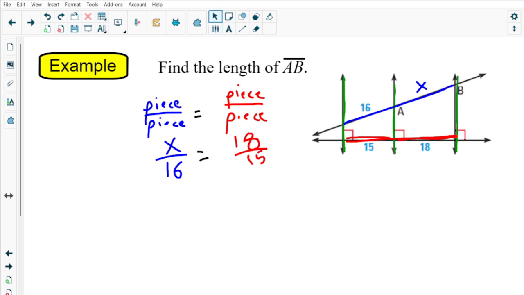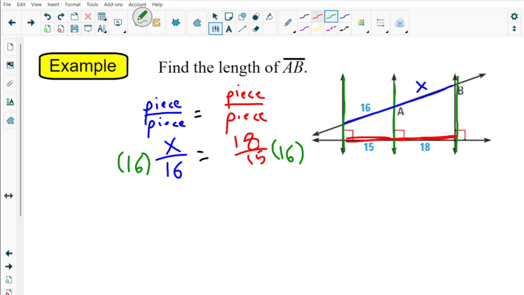Now, we're going to solve this equation. Remember, the big thing is that these are fractions. So this is division, which we're going to get rid of by multiplying. So on the left, I have x divided by 16. So I'm going to get rid of that dividing by 16 by multiplying by 16 on both sides.